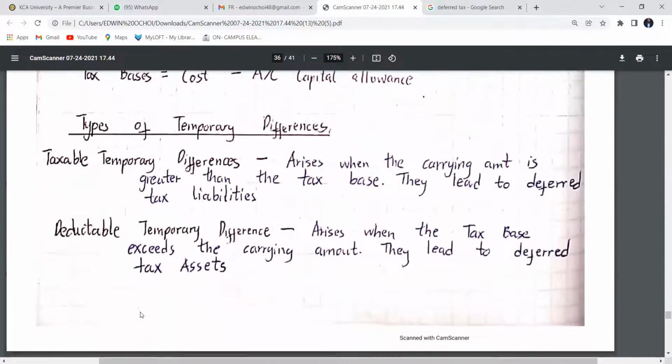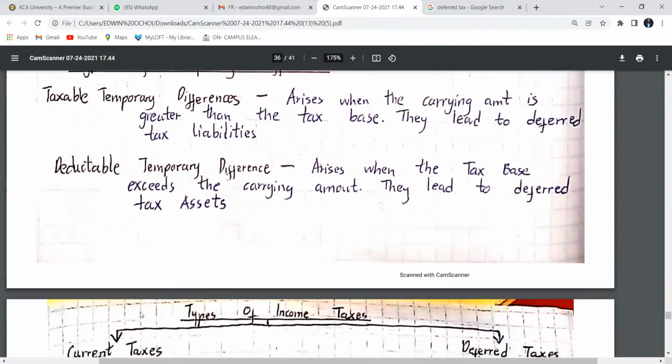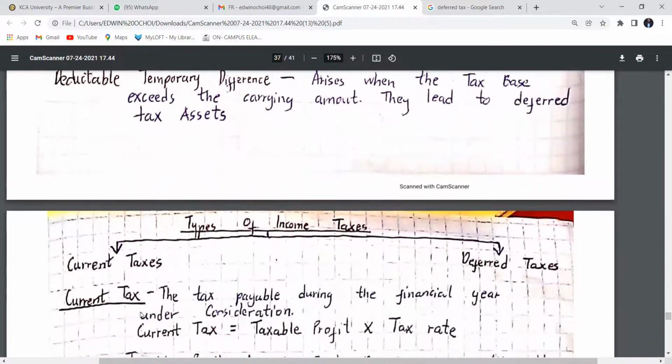So we have types of temporary difference, taxable and deductible. Under taxable, carrying amount is less than tax base, and it leads to deferred tax liability. For the deductible, it leads to deferred tax asset.